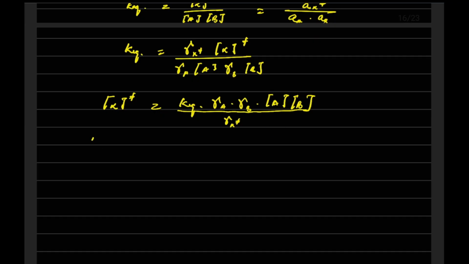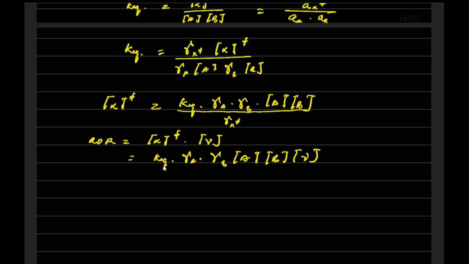Now the rate of reaction can be written as the concentration of X into the frequency of decomposition. So K equilibrium into gamma A into gamma B into concentration of A, concentration of B into frequency mu divided by gamma of X star.